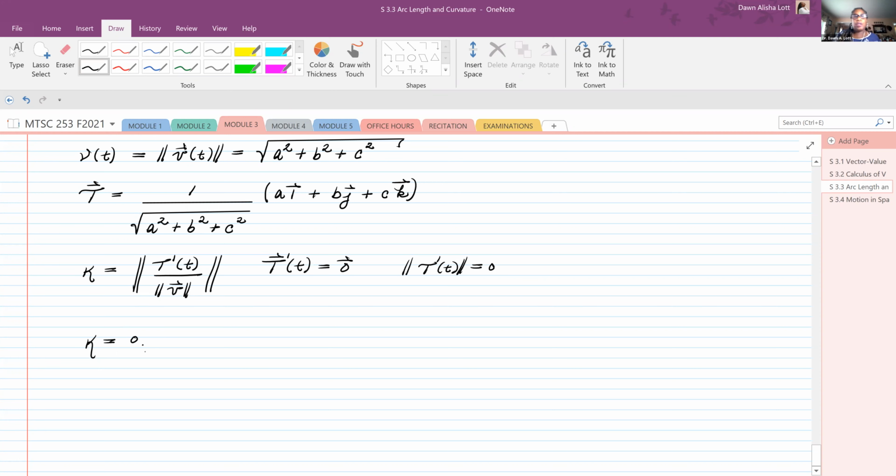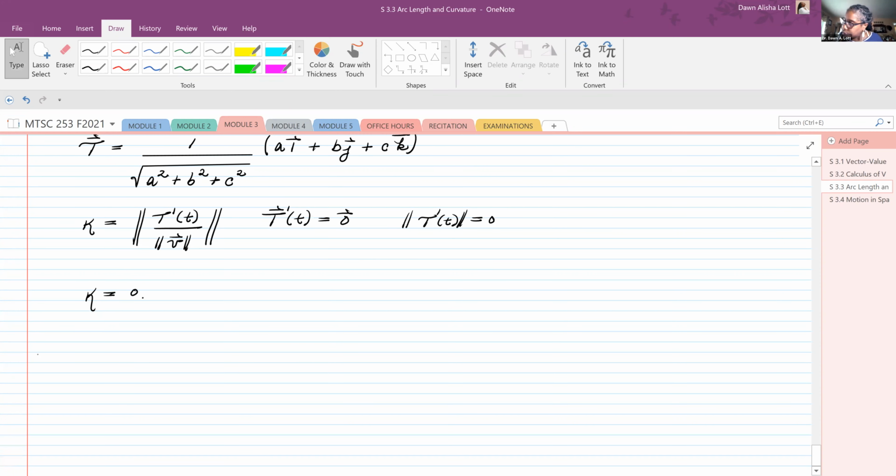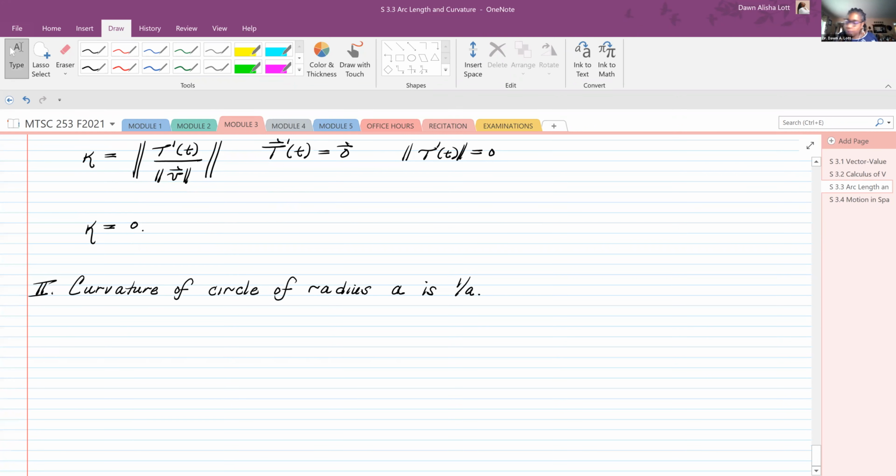And number 2, the curvature of a circle of radius a is 1 over a. Okay, so let's say I give you something.